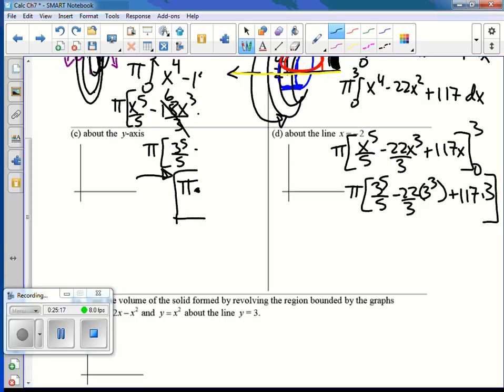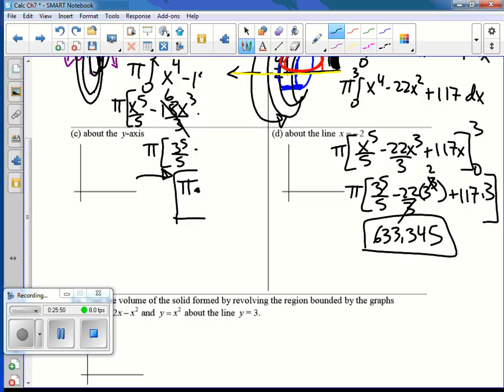Pi times 3 to the 5th over 5 minus, let's see, this cancels out one of these, so that's 3 squared, which is 9. All right, and so I get 633.345. And there you go.